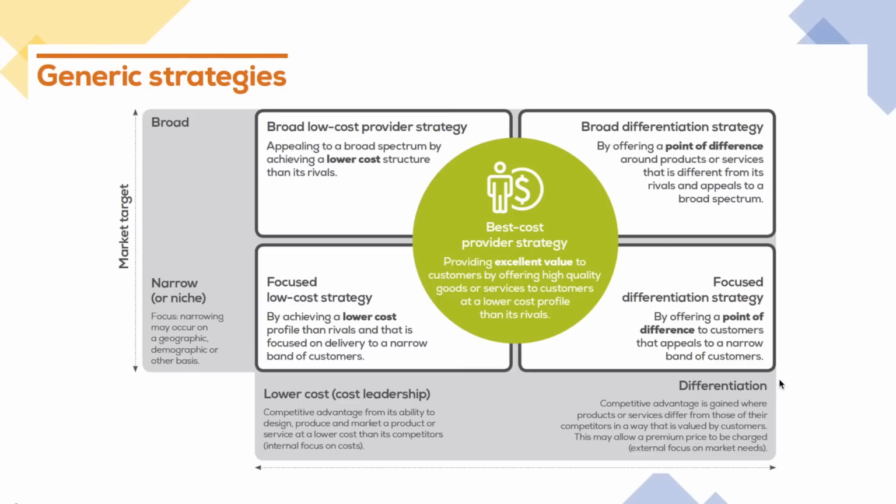So it is broad, but with differentiation in the product. It means offering a point of difference around products or services that is different from its rivals and appeals to a broad spectrum. We can say the example of this one is David Jones, because it does have the broad differentiation strategy.